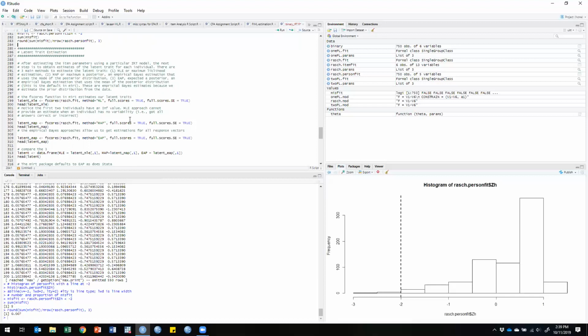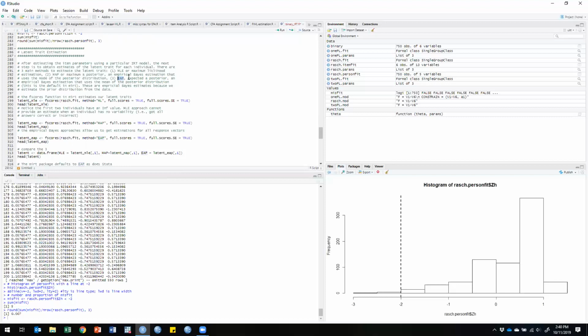You can get an empirical Bayes estimation that uses the mean of the posterior distribution. It calls it expected a priori, EAP is how they do it. That's the default in the mirt package. It's also the default, I think, Stata defaults to this too.